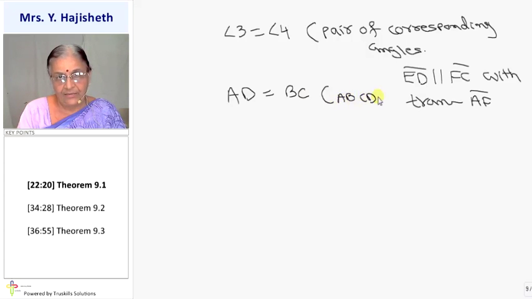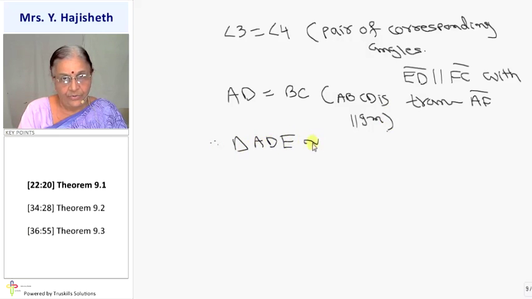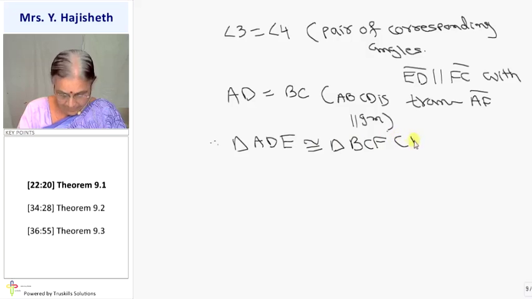ABCD is a parallelogram, so opposite sides are equal. Therefore, triangle ADE is congruent to triangle BCF. Why? By SAS rule. Not SSS, AAS rule.